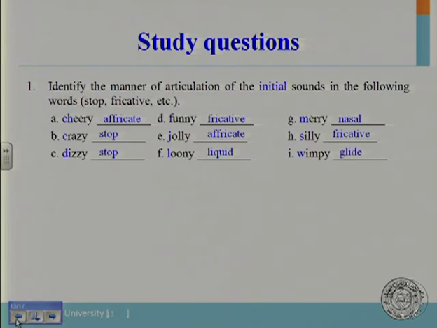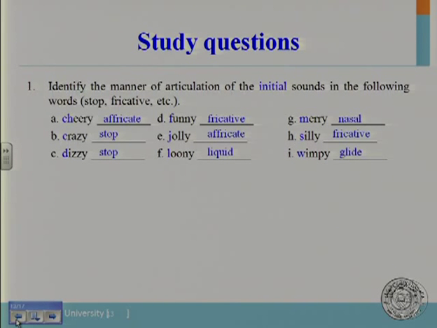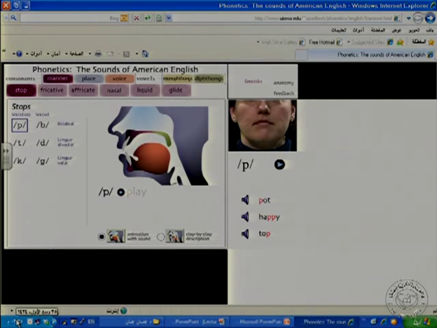Now, these are some questions about this chapter. I hope that they are very useful for you. Before I move to the vowels, this website is an excellent website, and it will help you practically to understand and to know what exactly happens in the mouth when pronouncing some sounds.